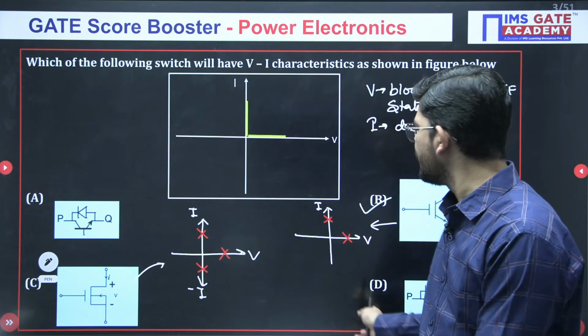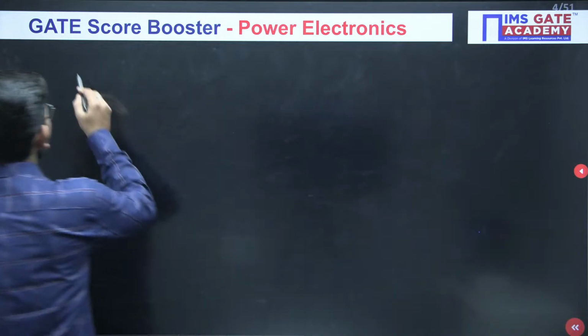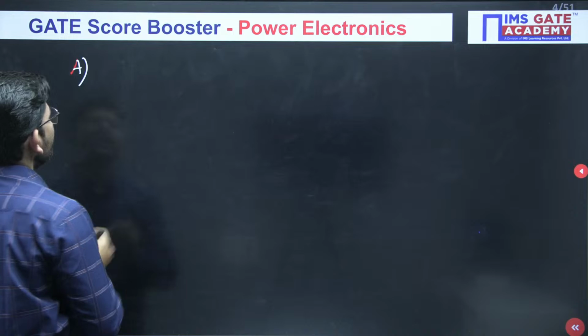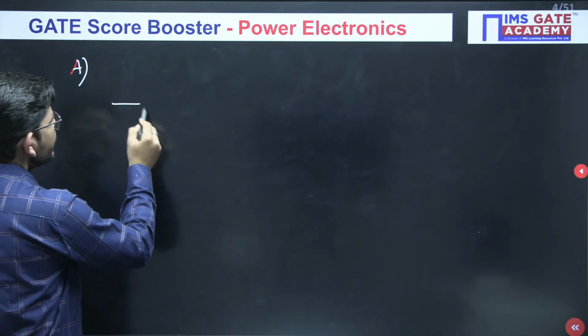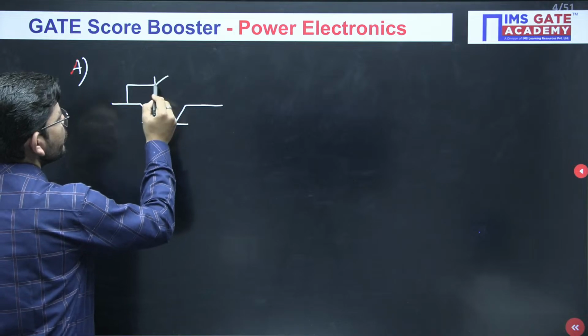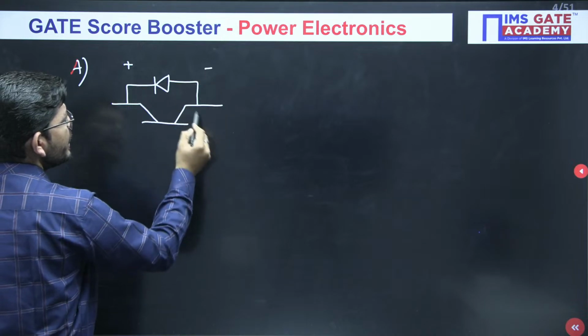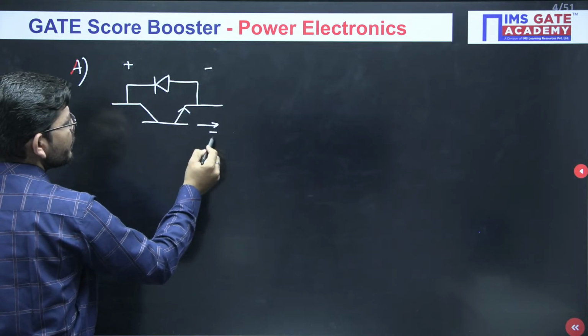So let us realize the switch number A. What do we have in switch number A? In that we are having a BJT and an anti-parallel diode like this.